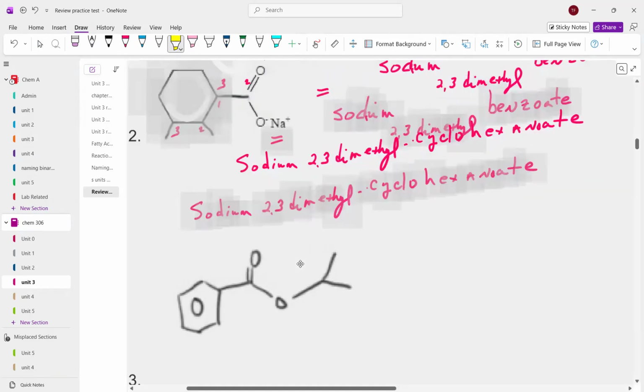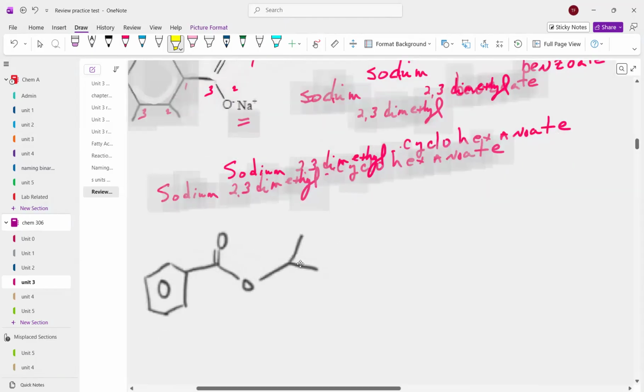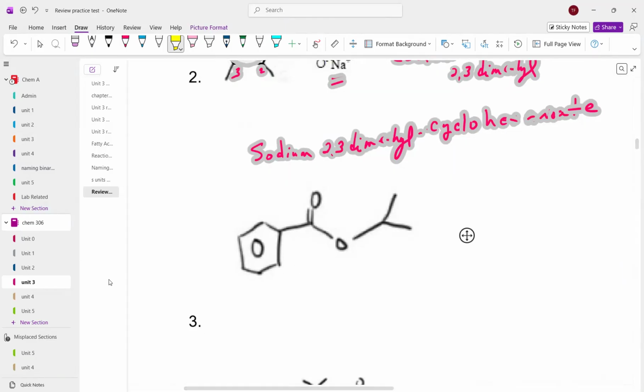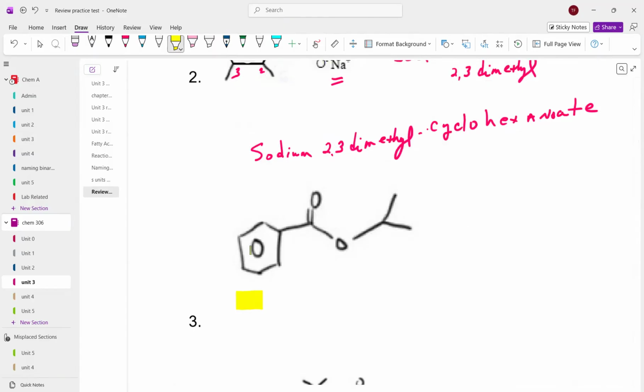So this is the acids. Oops. This is the acid side, and this would be the alcohol side.